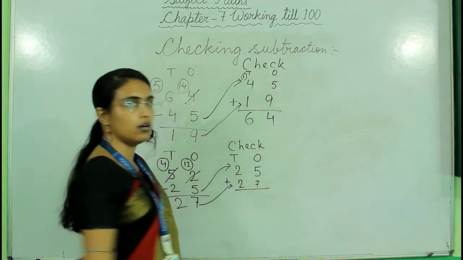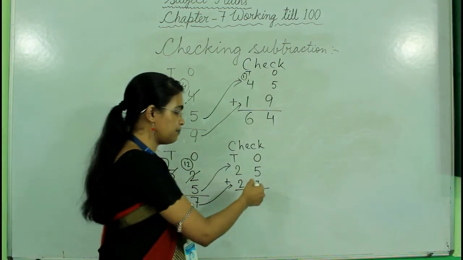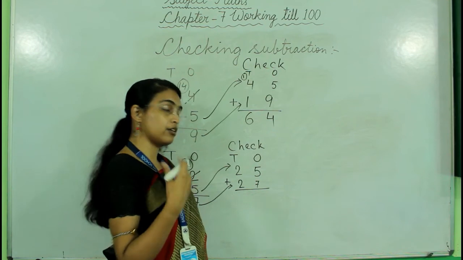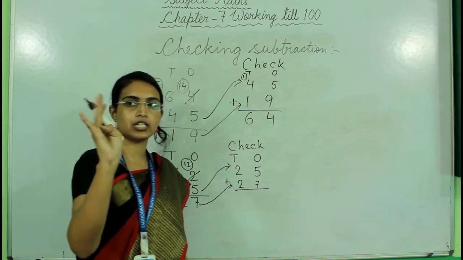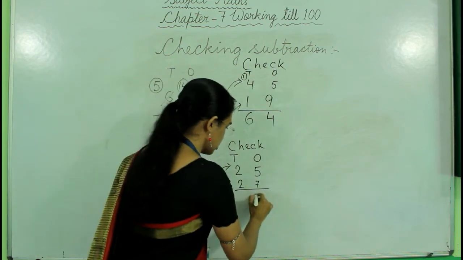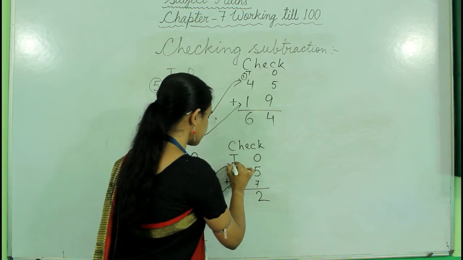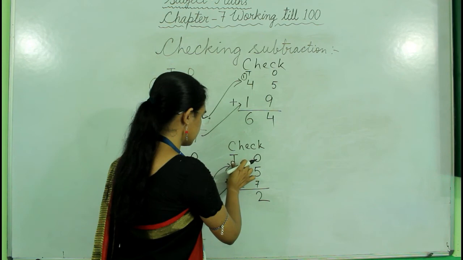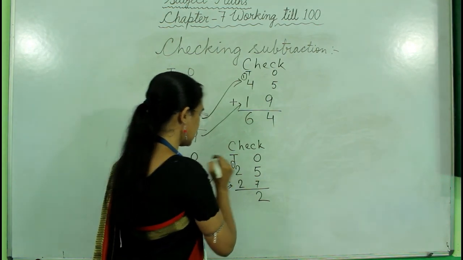First, ones: 5 plus 7. After 5, count up to 7: after 5, 6, 7, 8, 9, 10, 11, 12. So 2, carry 1.